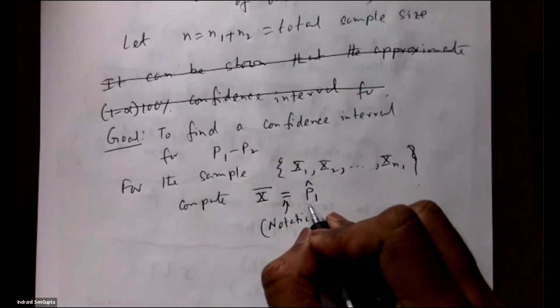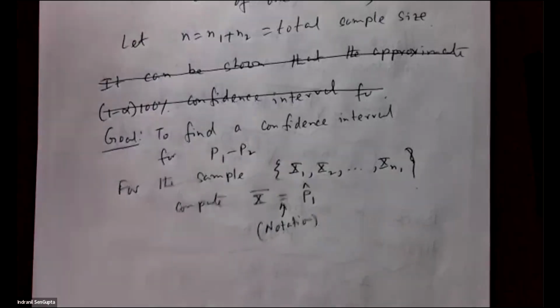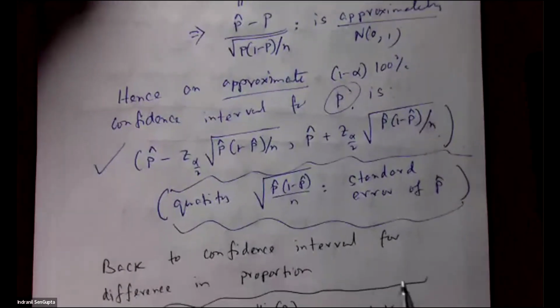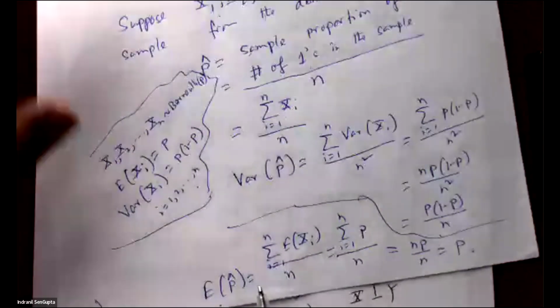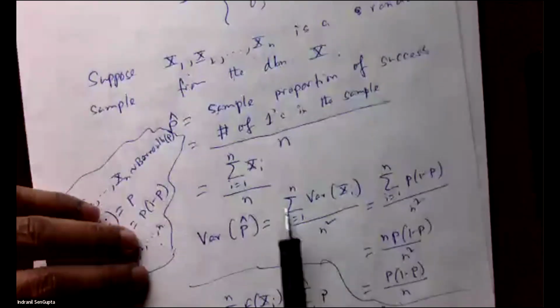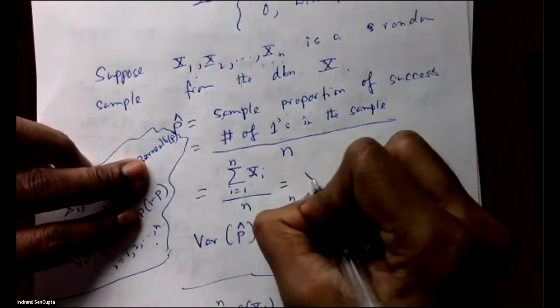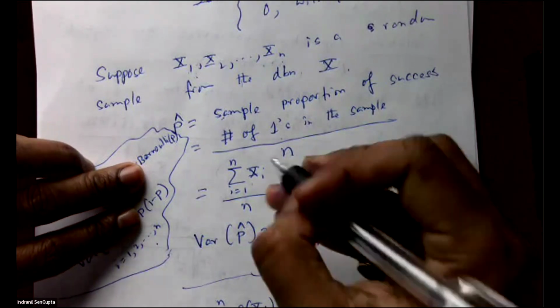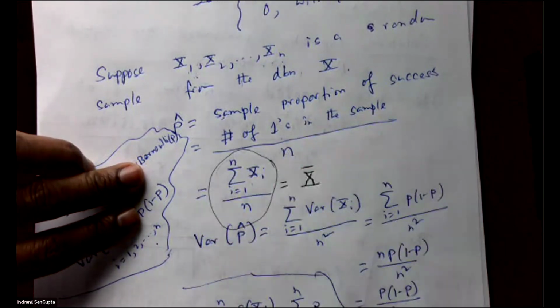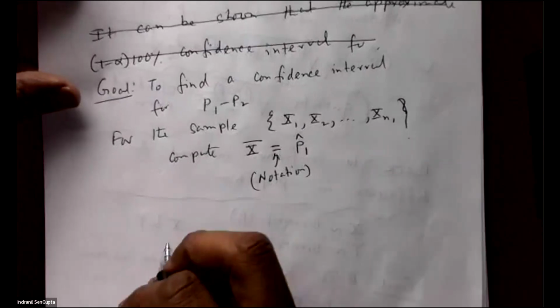It's an estimator of p1, because E of X bar, as we computed right here, is p. The sample proportion is really X bar, this is the definition of X bar. So when we compute the X bar, we call it p1 hat.